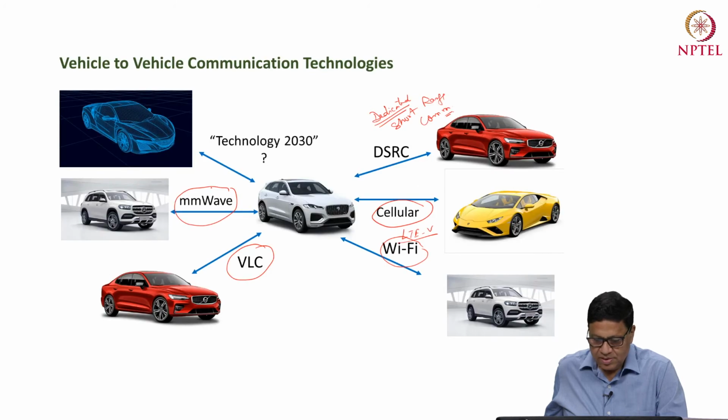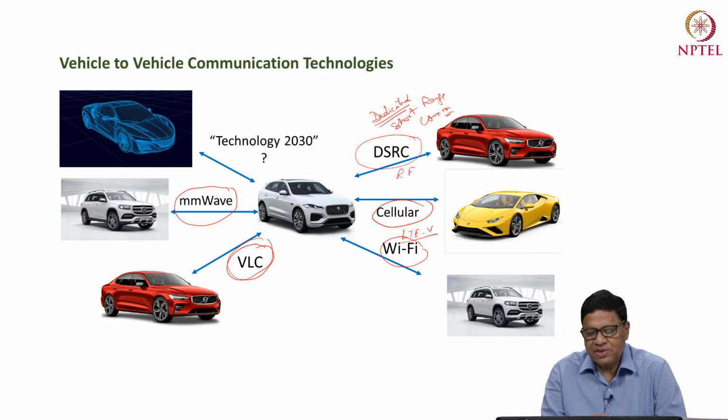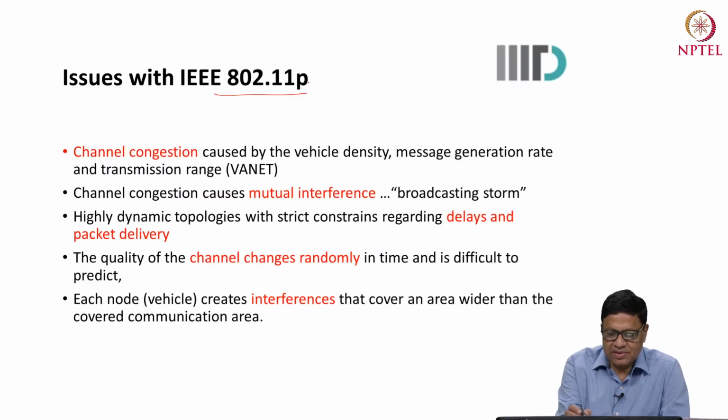So in this lecture, we are going to discuss visible light communication. And also I'll explain what the issues are with the existing RF-based technology, which is part of the standard, DSRC, dedicated short range communication. This is the IEEE 802.11p DSRC standard.